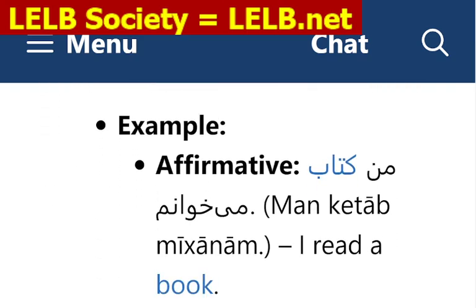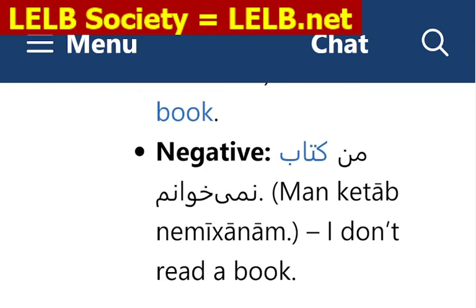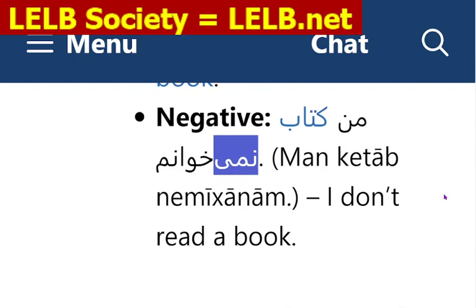The affirmative form is من کتاب mīxānām, I read a book. The negative form is من کتاب nemīxānām. Here is the particle nemī, which is placed before the principal verb خوانم. So, I don't read a book.